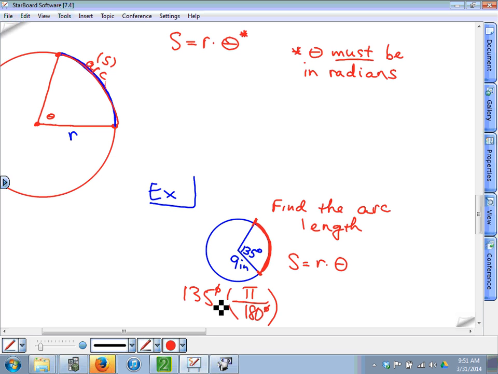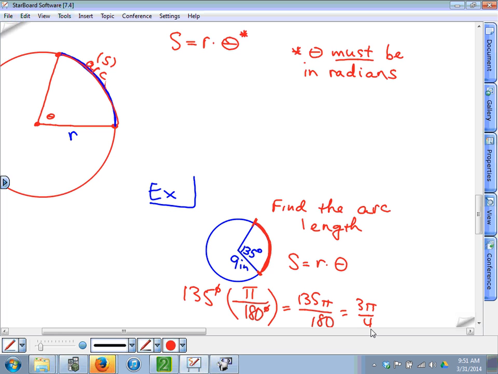Degree symbols are gone. So it's 135 pi over 180, and then you have to figure out what 135 over 180 is. And it's 3/4. So this turns out to be 3/4 pi, or 3 pi over 4.